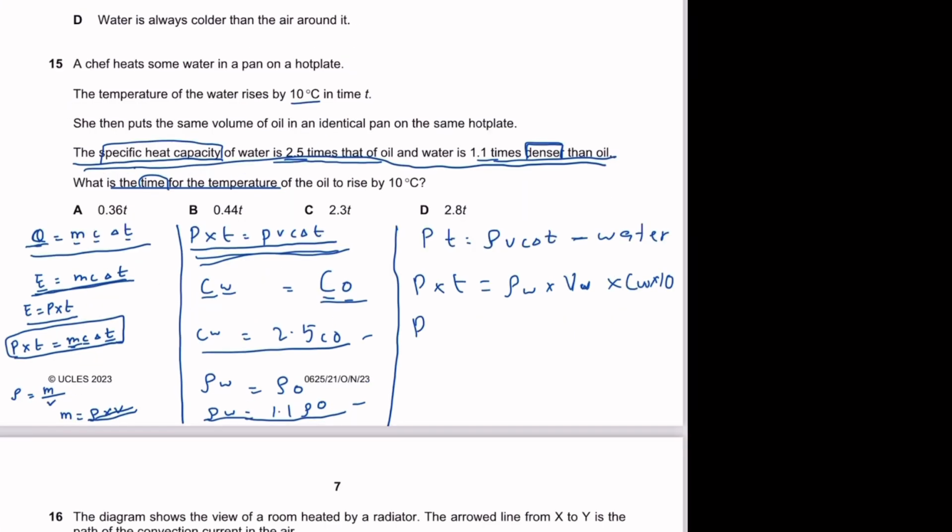So it'll be P T is equal to 1.1 density of oil into volume into 2.5 times the specific heat capacity of oil and your 10.